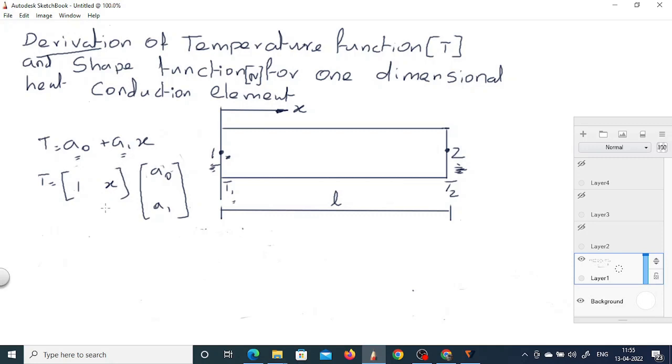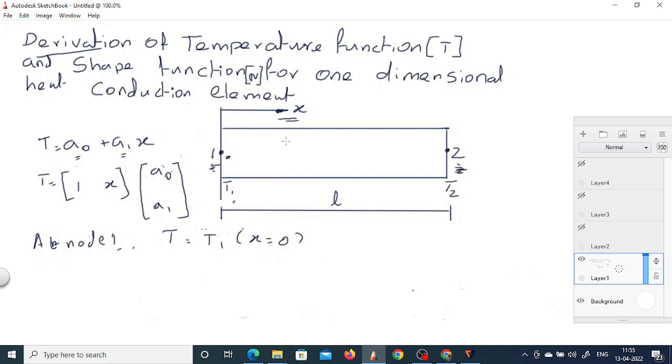Now, after finding this matrix form, at node 1, what happens to the temperature? Node 1 has the temperature T1 and node 2 has the temperature T2. So T is equal to T1 at node 1. But what is the distance? Here the distance is x equal to 0.